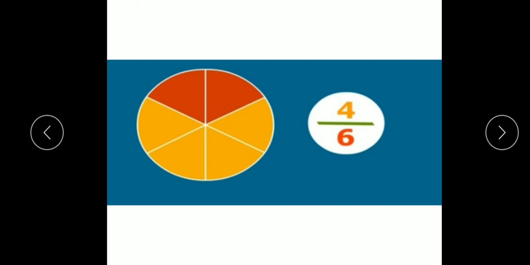Since the total parts are 6, we write 6 in the denominator. And since we are talking about the fraction of yellow parts, and the yellow parts are 4, we write 4 in the numerator. So the fraction becomes 4 by 6.